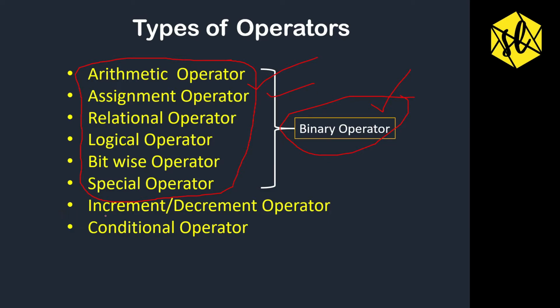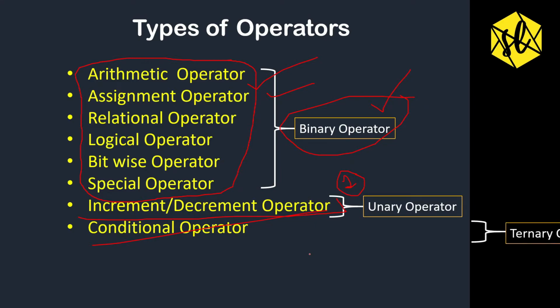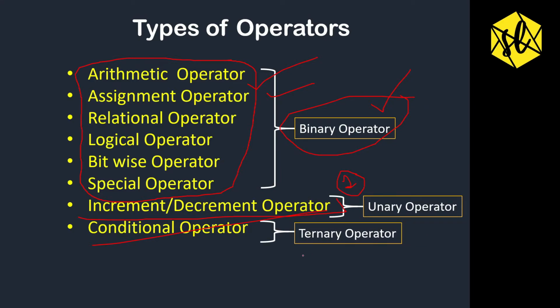Now we have a unary operator, that is the increment decrement operator. We need only one input to get the output in these. And then we have the conditional operator. This is a ternary operator. A ternary operator needs three inputs to get the output.